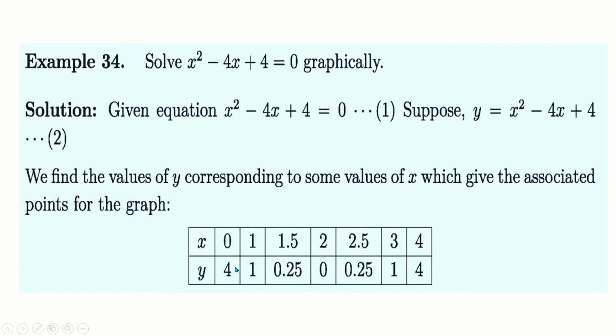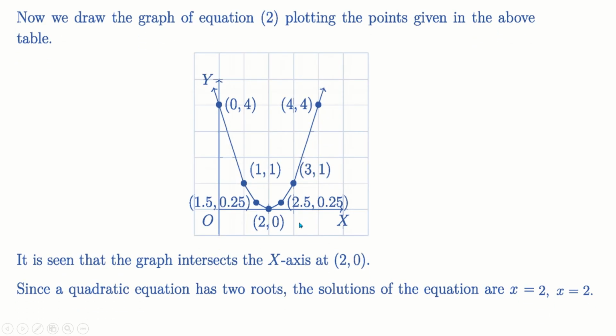Now plotting these points on the graph, we get this. This is (2, 0), this is (2.5, 0.25), this is (3, 1), here (1, 1), here (0, 4), here (4, 4), and we know how to put points on the graph.